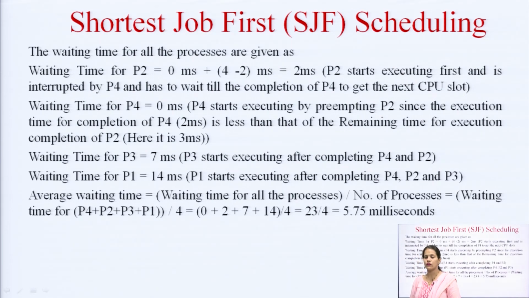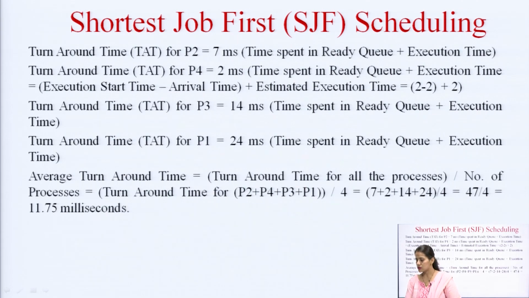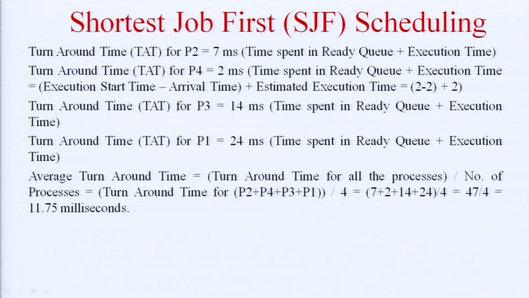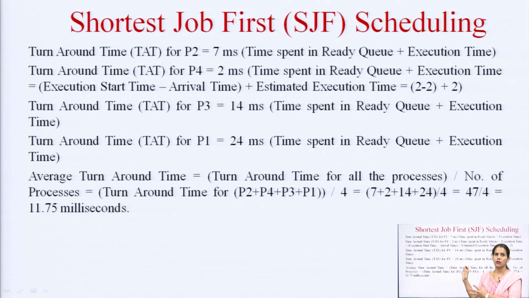Again the average waiting time can be found out from the figure shown here, and same is the case for the turnaround time. So, in this way we can see that this shortest job first scheduling algorithm is somewhat more efficient than the previous ones, and we were able to analyze the different scenarios of the average waiting time and the turnaround time for different scheduling algorithms in non-preemptive scheduling schemes.